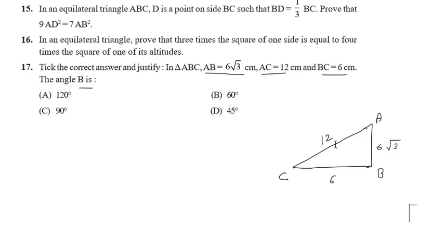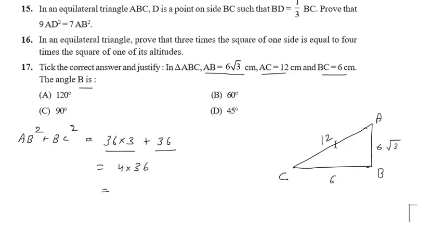So better you use the Pythagoras theorem here. Here we will find AB square plus BC square. So let us find AB square plus BC square, which is equal to 6 root 3 square, that is 6 6s are 36 into 3, plus BC is 6, 6 6s are 36. This is 3 times 36, this is 1 time 36, so we can say 4 into 36.